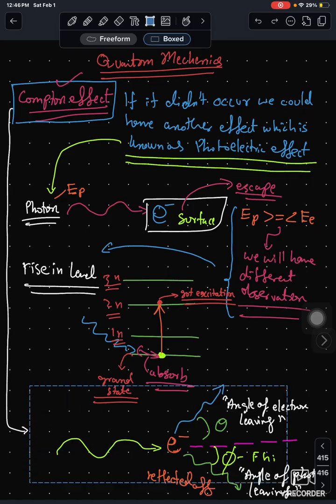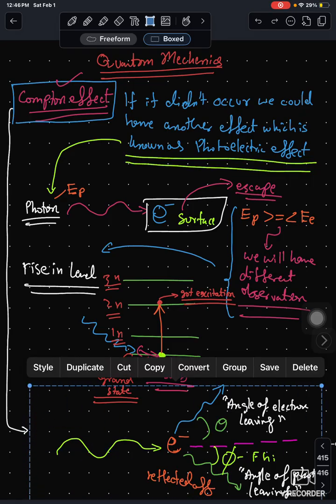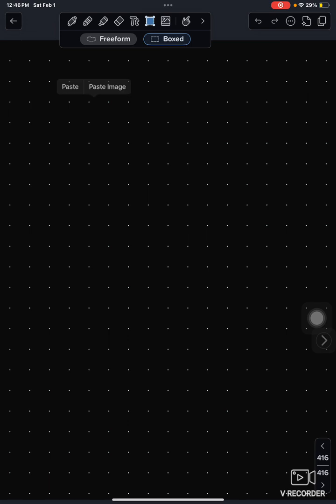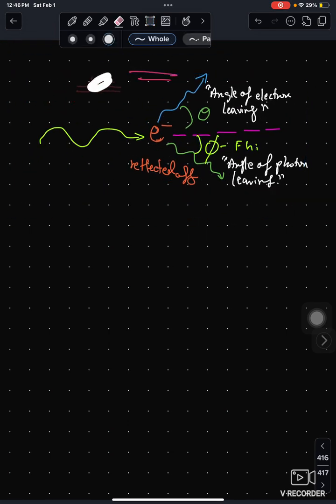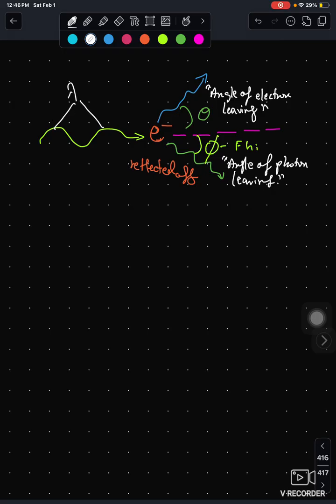So we can actually calculate the scenarios. What's actually happening here is we have the wavelength of this photon, and the wavelength of this photon.